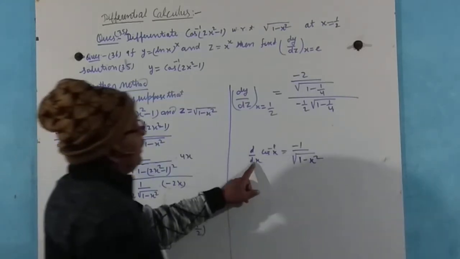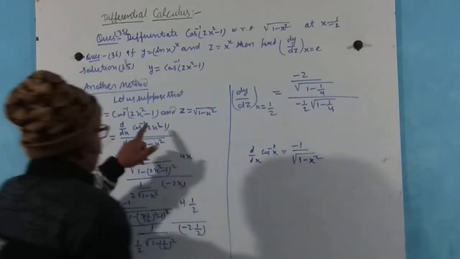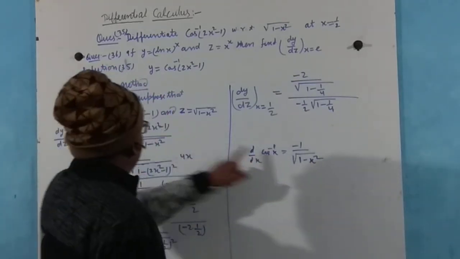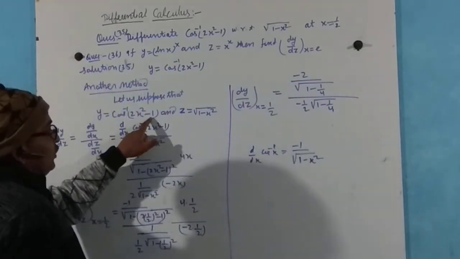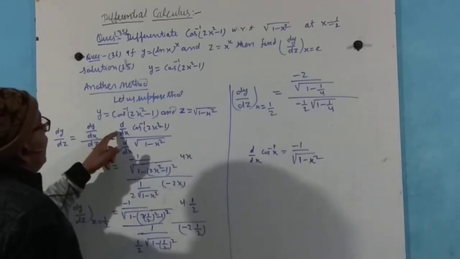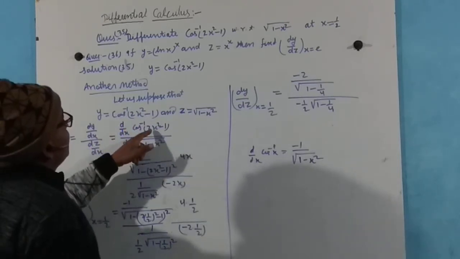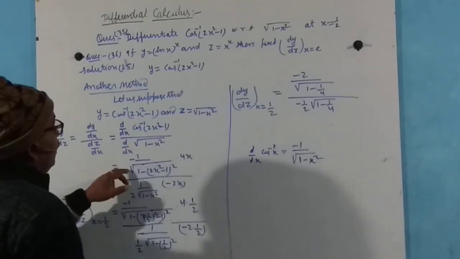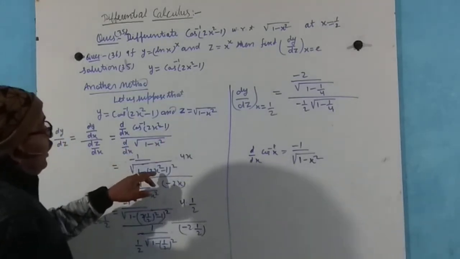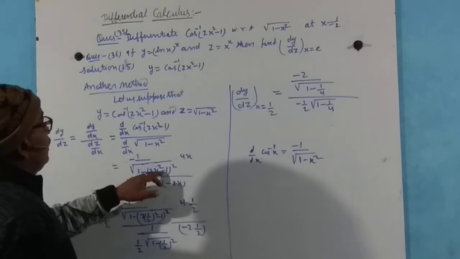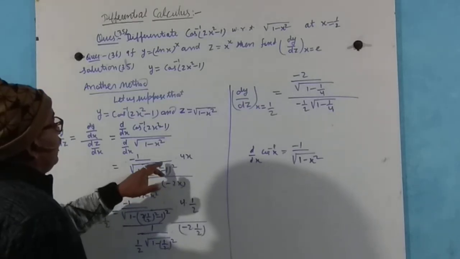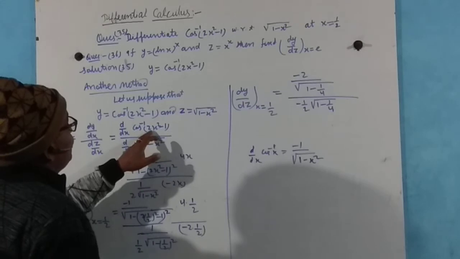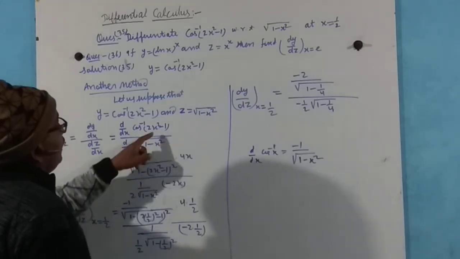In the similar way here, in place of x we have 2x square minus 1, so that d by dx of cos inverse (2x square minus 1) is minus 1 by under root 1 minus (2x square minus 1) whole square, into the differentiation of 2x square minus 1.